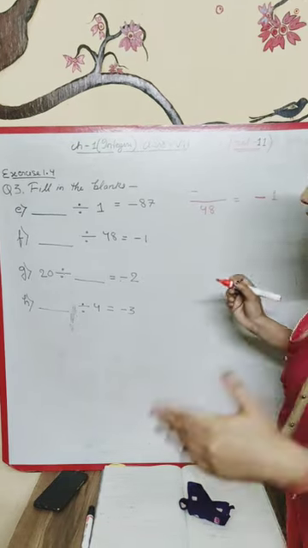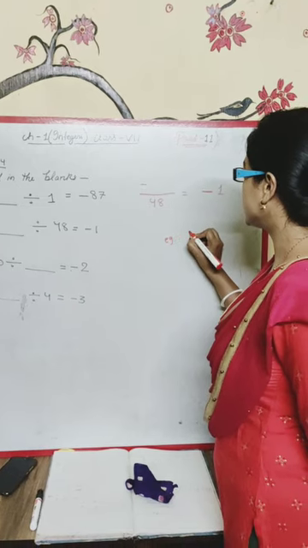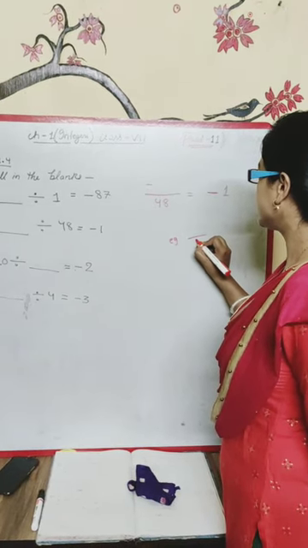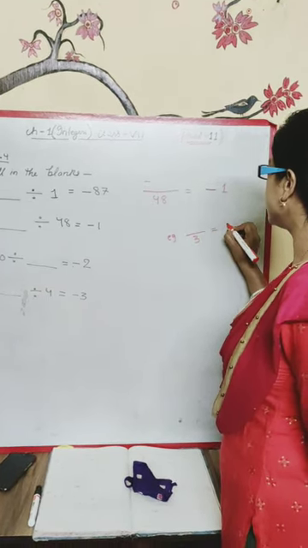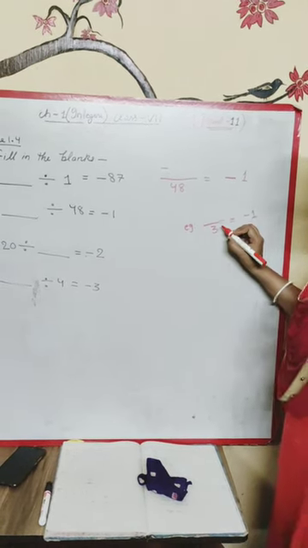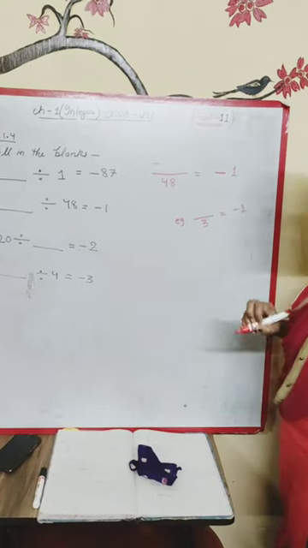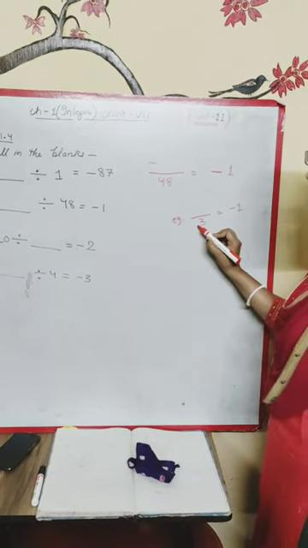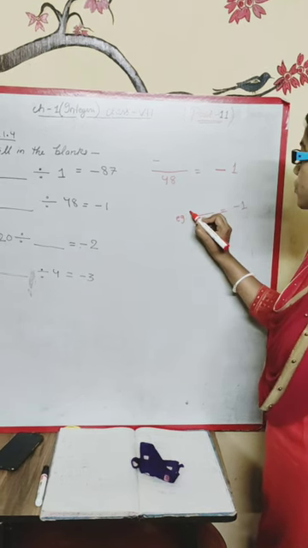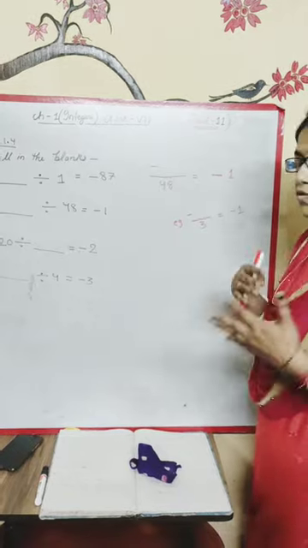I am just taking one example to make you understand: if 3 is here, the answer is minus 1. What should be divided by 3 so that the answer will be minus 1? Because 3 is plus, we have to put minus here, as we can change only the blank part.